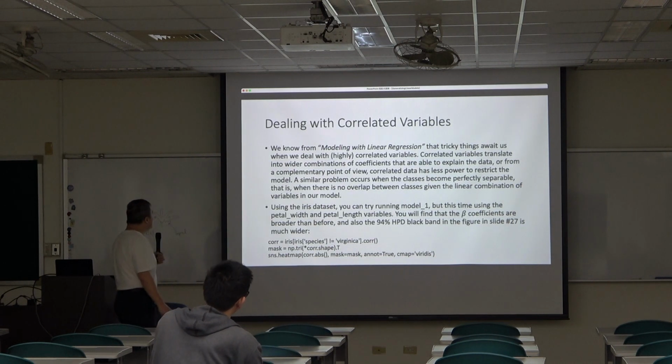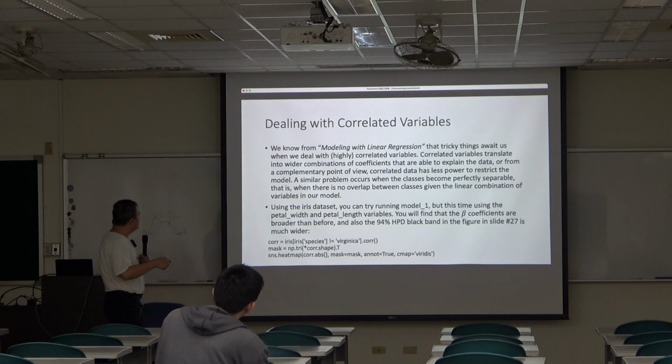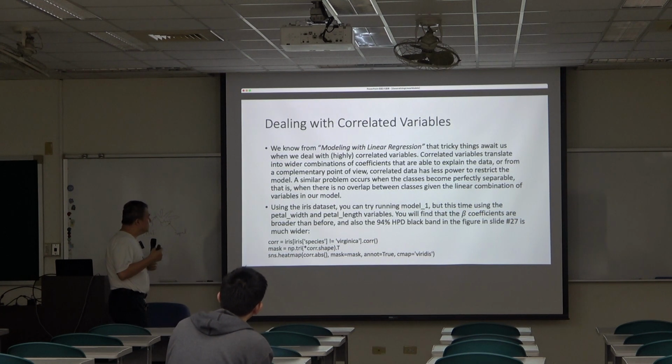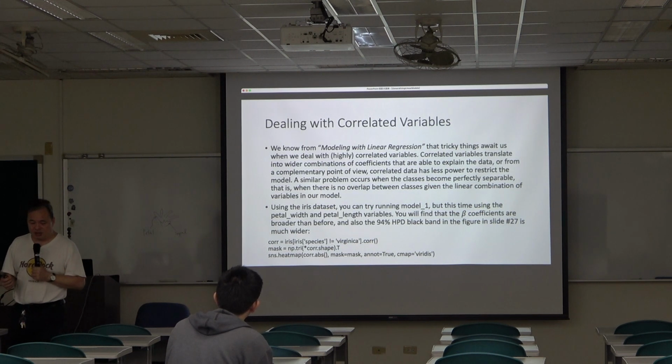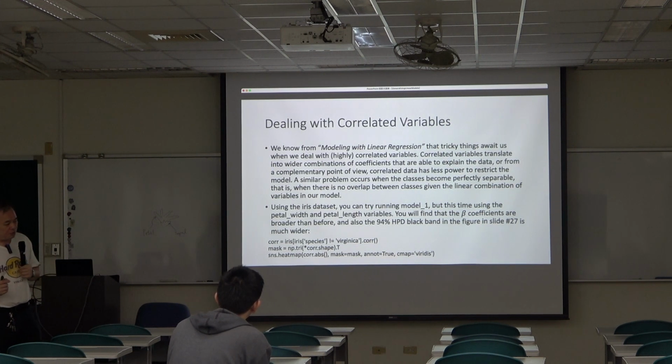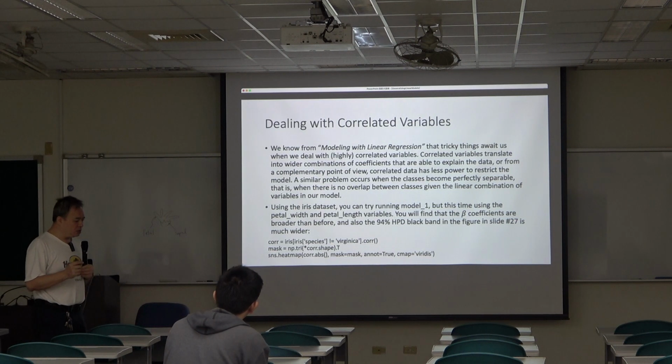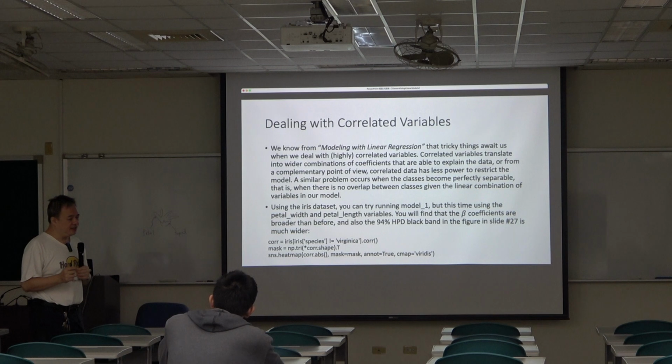One thing we need to be careful about is, remember in the linear regression model chapter, we talked about this: when two features are highly correlated, it creates some problems.